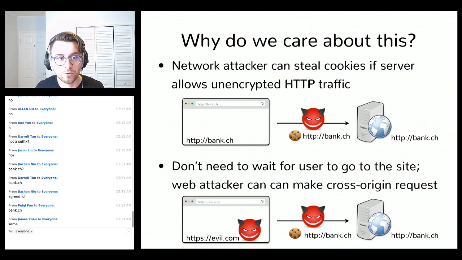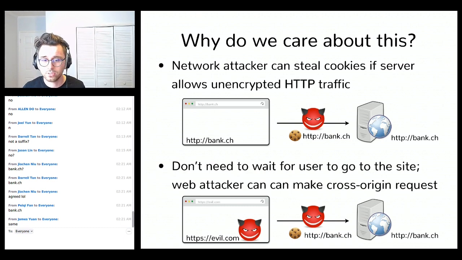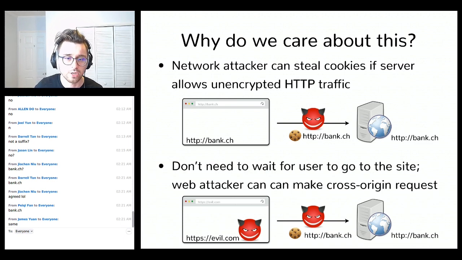We don't even have to wait for the user to go to that website. If you visit evil.com, they can just make a request, and if same site is set to none, then that will actually send the cookies. And if I'm on the network, I can just inspect those cookies. If I'm on the network, I can inject JavaScript and get you to run JavaScript. So the short of it is, don't serve pages over HTTP. That's how we deal with network attackers.